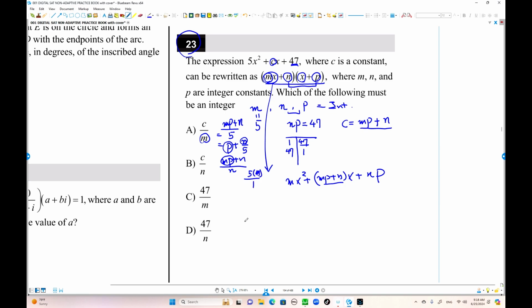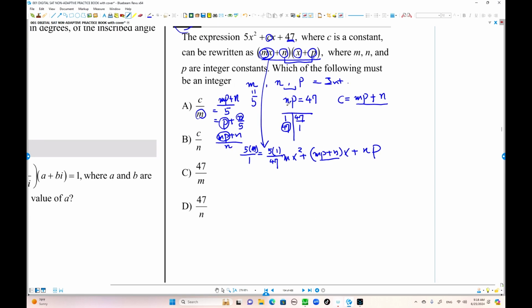That's fine, this is an integer, right? But on the other side, if p is 1, over n is 47. That is not an integer, right? Okay, take a look over here. Because of what? n times p is always 47.